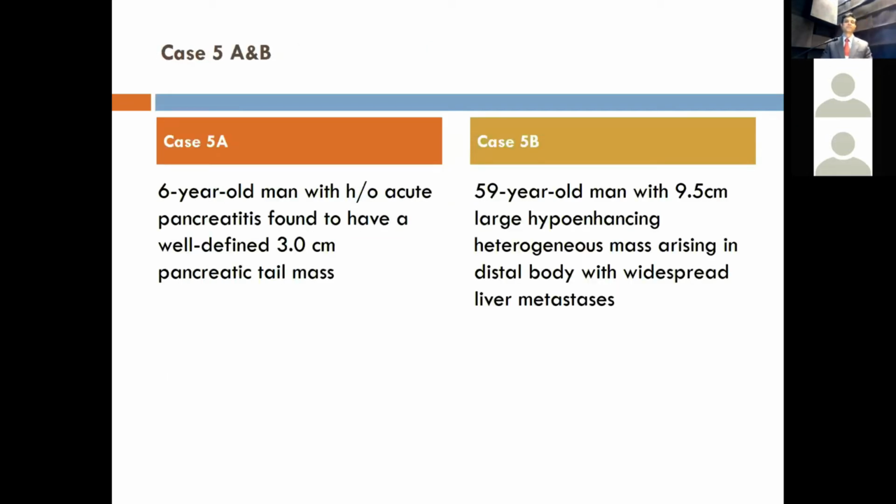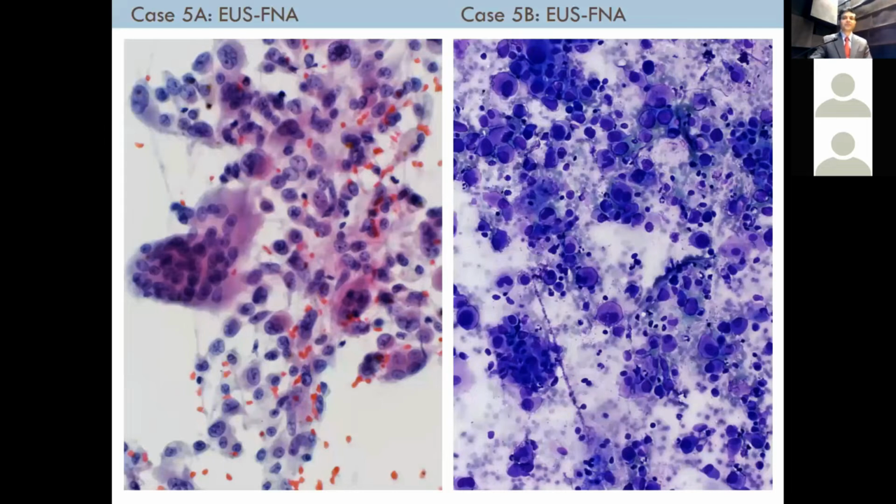So next, I'm going to present two cases side by side, not only to demonstrate the morphological spectrum of this entity, but also the outcome. Our first patient had cytological smears that showed the presence of multinucleated osteoclast-like giant cells.